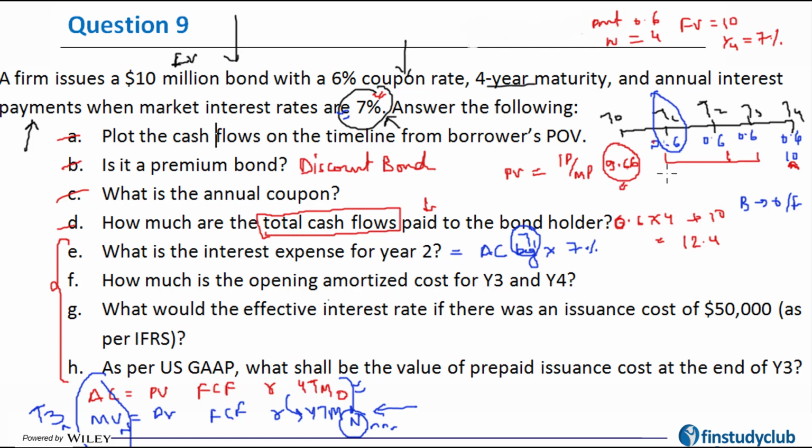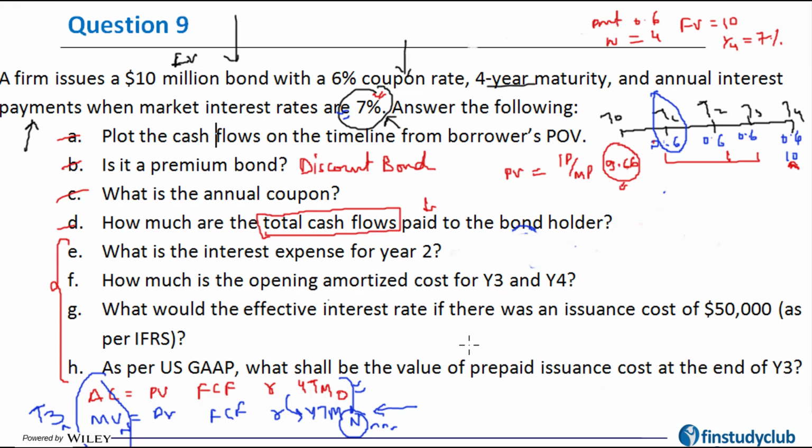If I'm standing at T1, what are my future cash flows? 0.6 is the PMT. Let's quickly get this done. Let me clean the board a bit for you. We are calculating the amortized cost at the end of the first year.